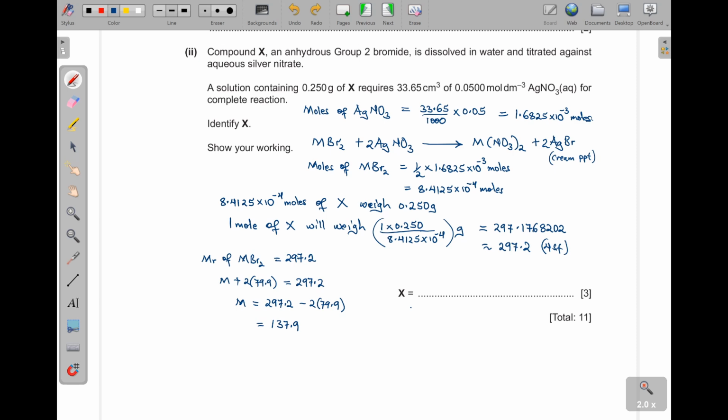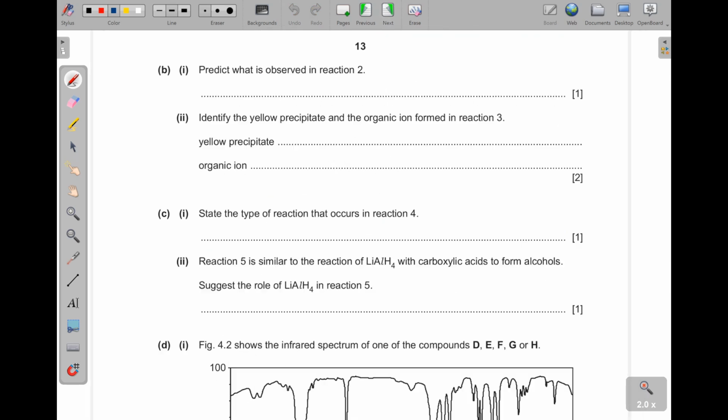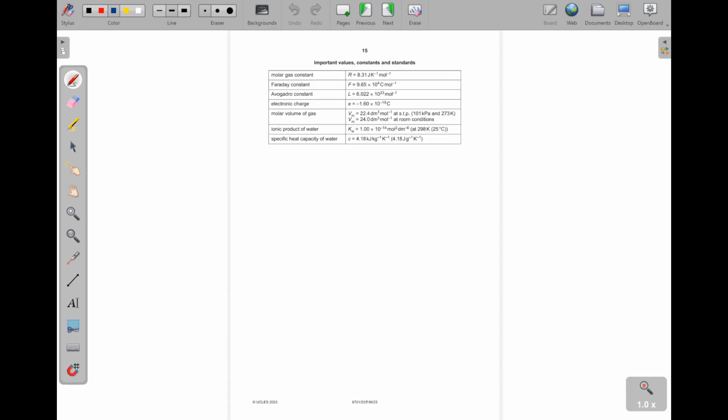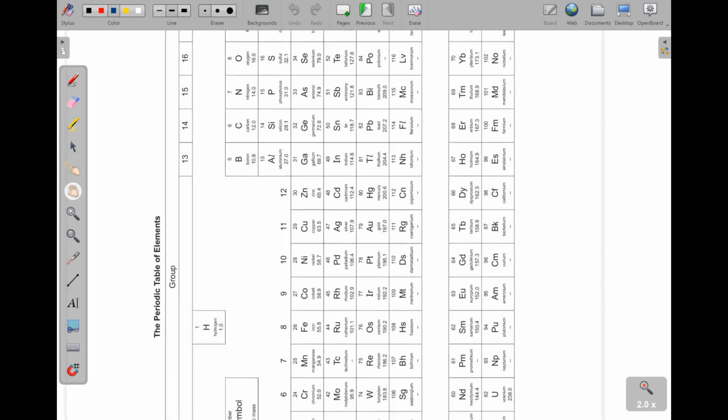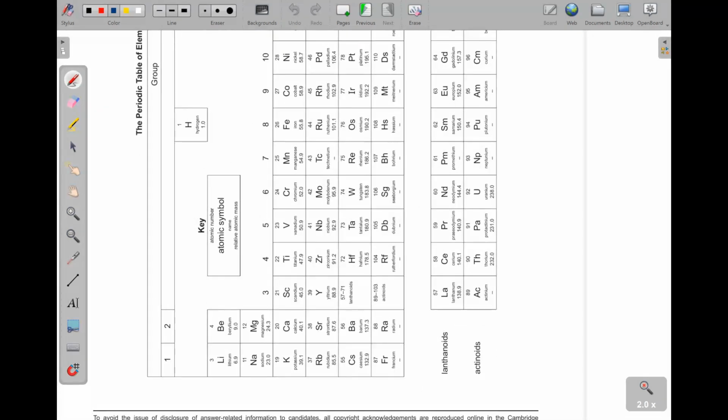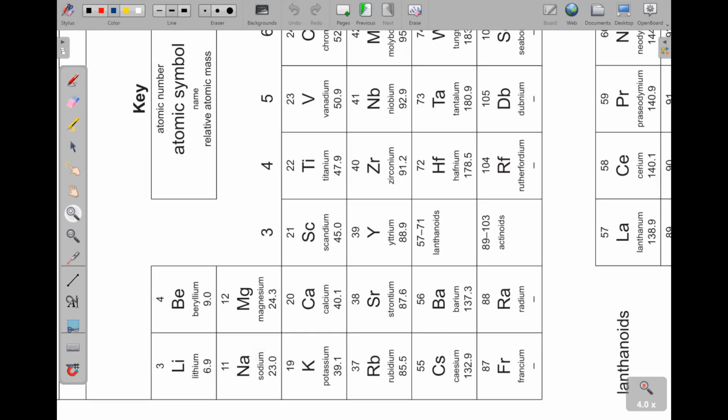Then I go to the periodic table and check group 2. Calcium is 40.1, strontium 87.6, barium 137.3.